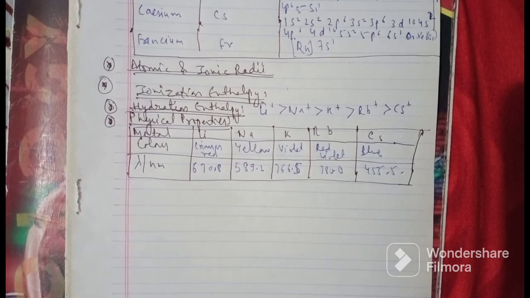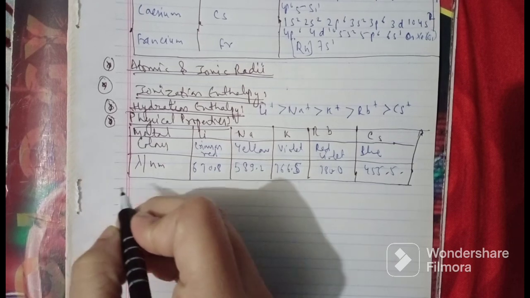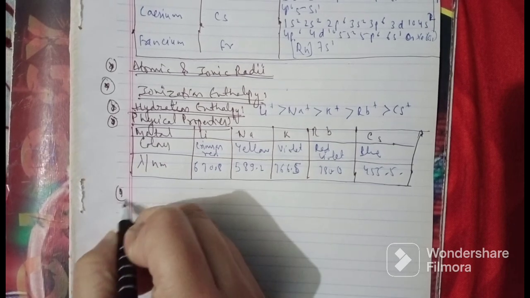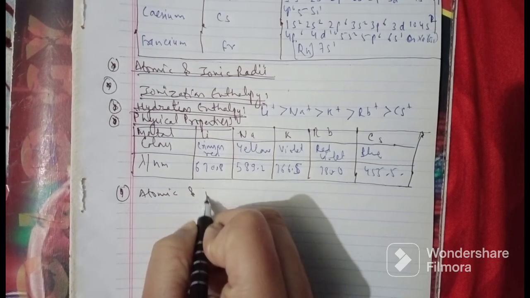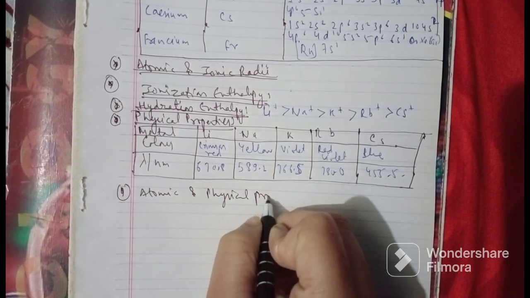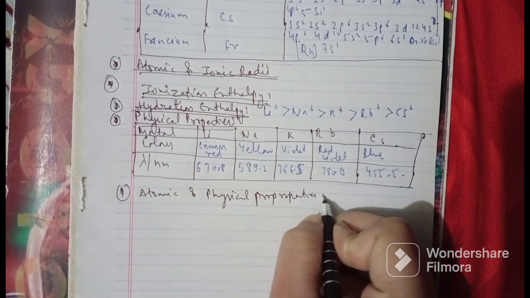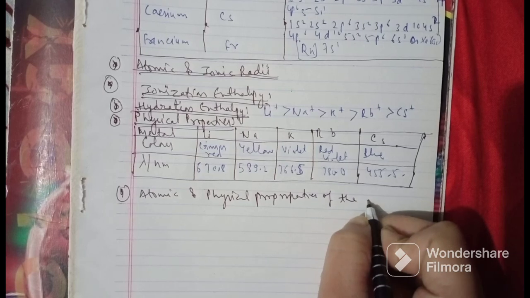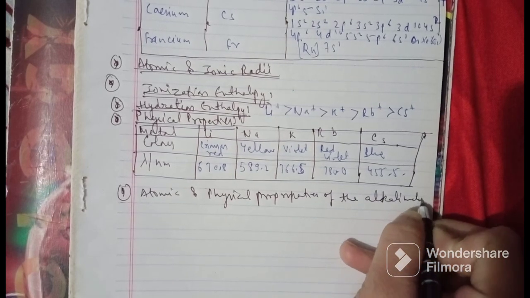Atomic and physical properties of the alkali metals.